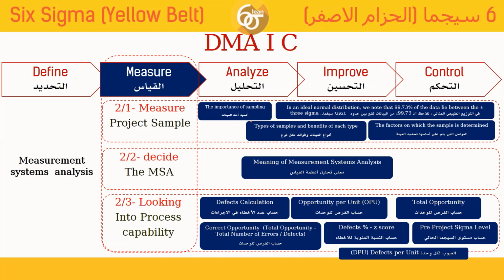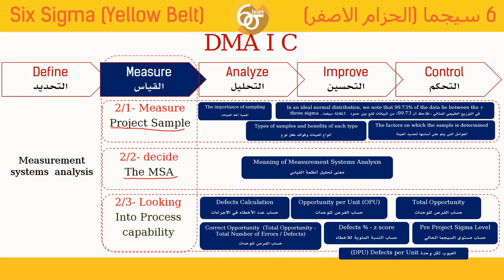Last week we finished the measure phase. We spoke about sampling and how to take the sample, and which ways you have to follow in order to take the sample. We also spoke about MSA, which is a measurement system you need to use, which is a decimal number.